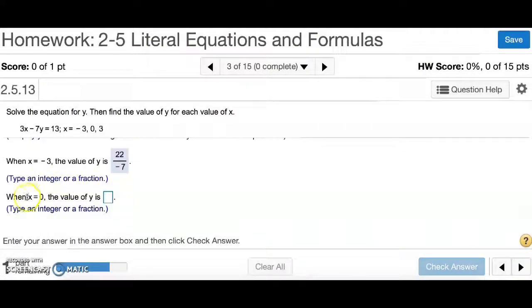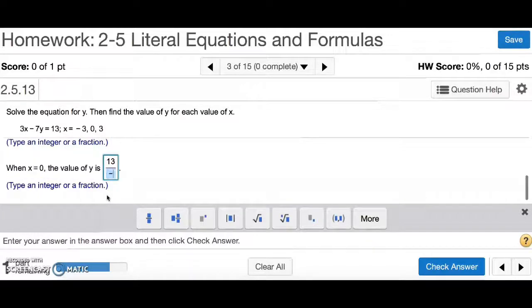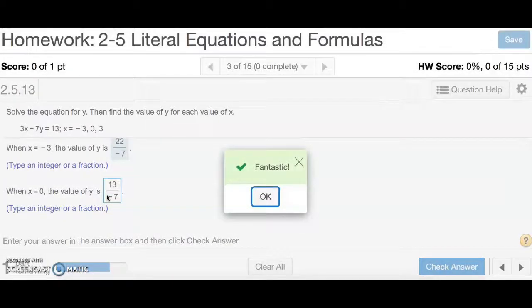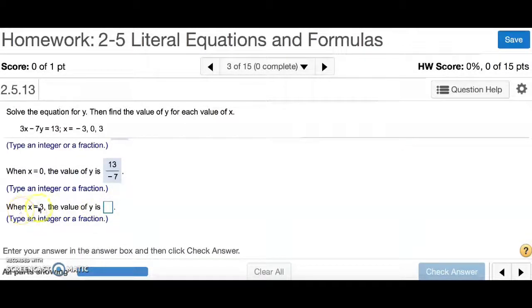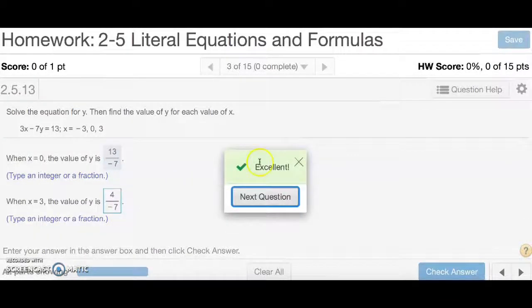Now it says when x equals 0, the value of y is. So that would be the 13 over -7 that we got. And then it says when x equals 3, the value of y is, that's the 4 over -7. And that's number 3.